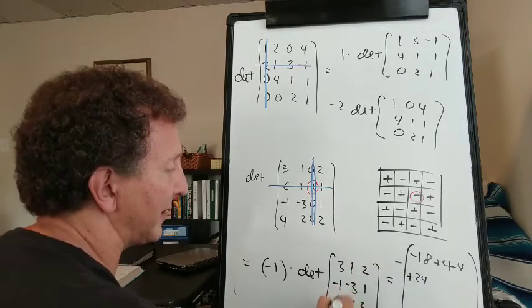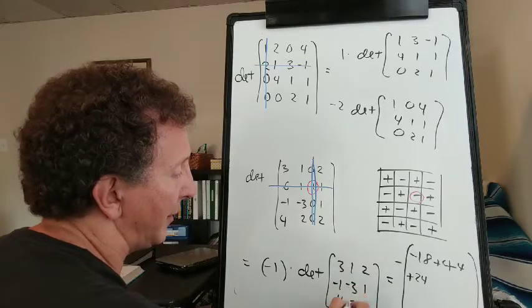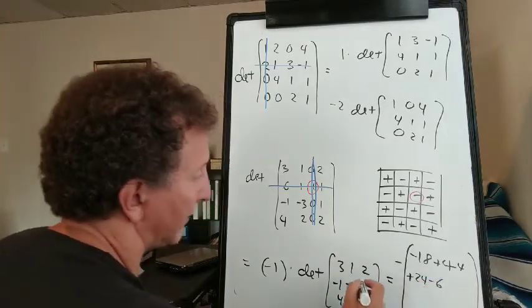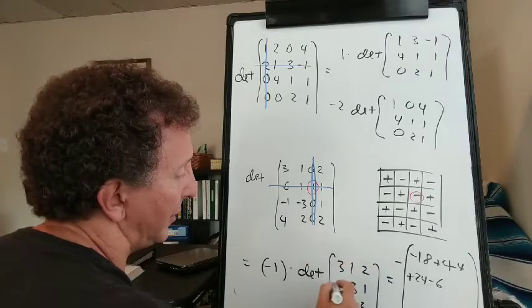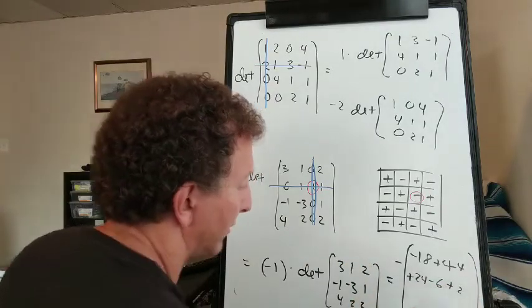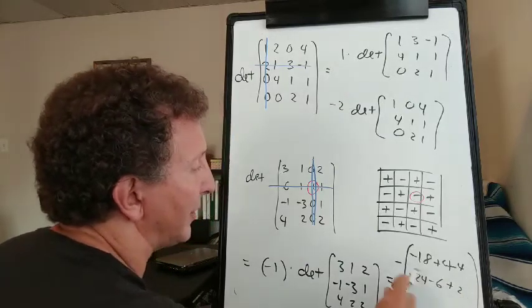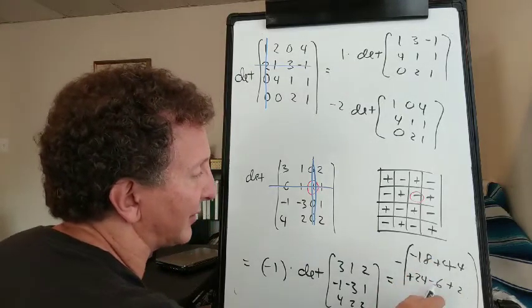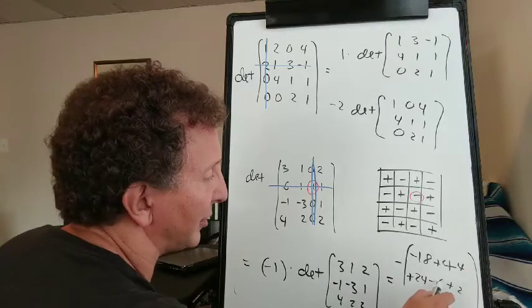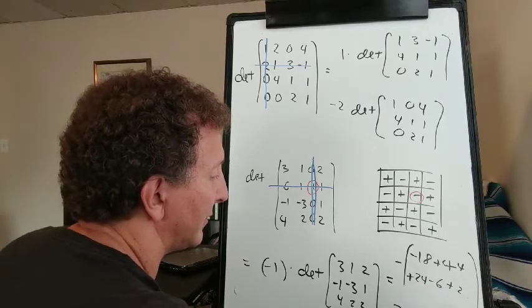Negative 24 minus negative 24 is plus 24. Minus 6, plus 2. So 24 minus 18 is 6. Minus 6 is 0. 4 minus 4 is 0. So 2 minus 2 is the answer here.